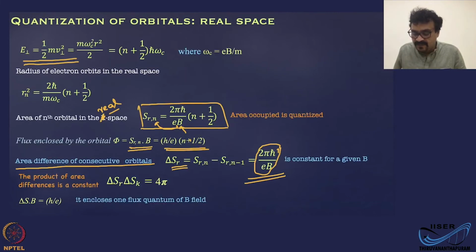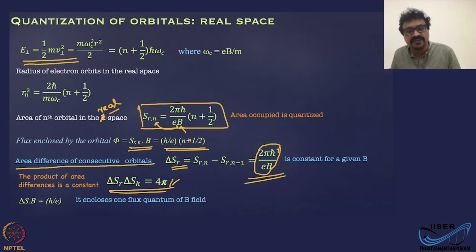Now the product of this area difference, in k space and real space, is 4π, a constant, and it should be a constant because these two are inverse in dimension, and you should get a quantity which is unitless, which is basically 4π.